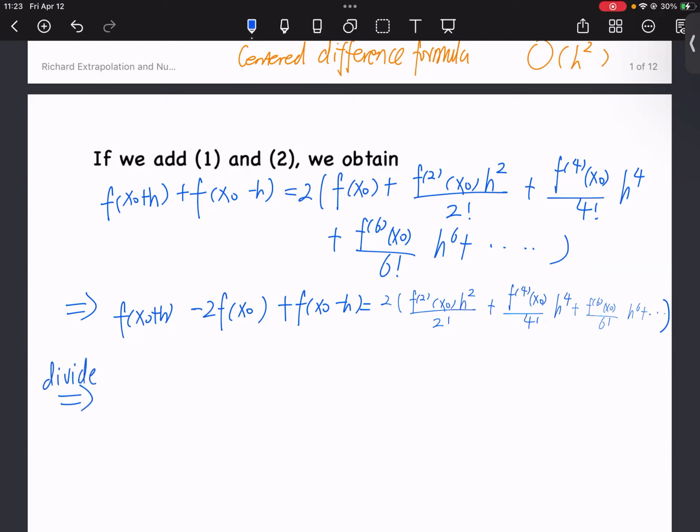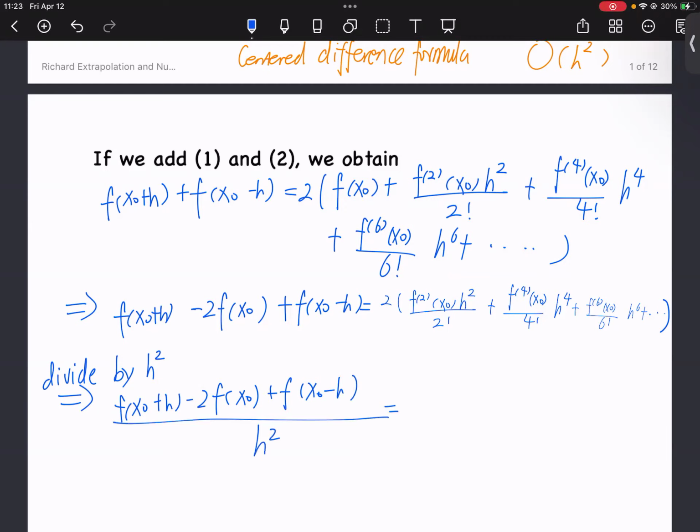Divide both sides by h squared, and then on the left hand side is this formula or expression, divided by h squared. So on the right hand side, we have 2 divided by 2 factorial, which is just 1. So the first item should be the second derivative.